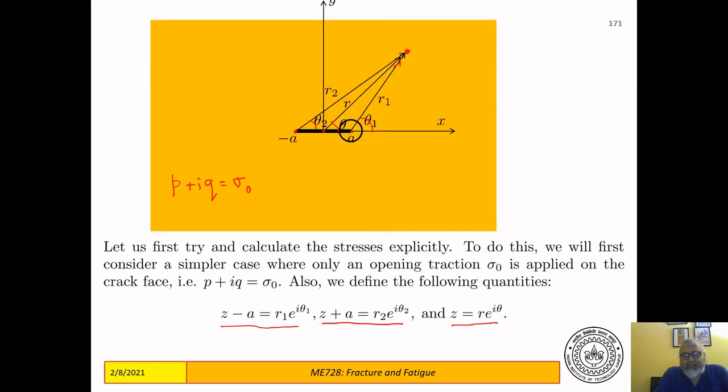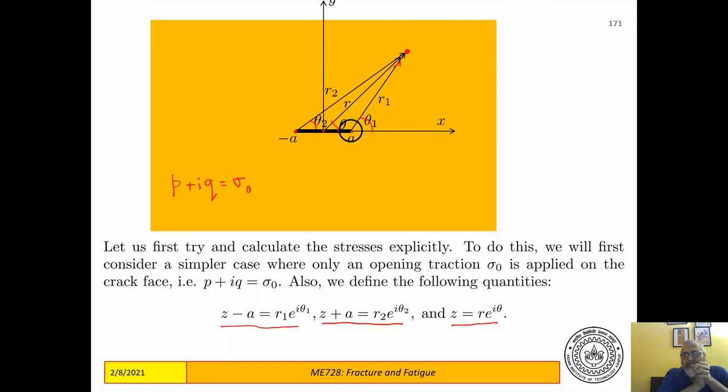The framework entails an array of cracks, all on the x-axis, a collinear array of cracks, and each crack face loaded with a shear and a normal traction. Under this framework, if you can cast your problem in this framework, you should be able to get the stress intensity factors for any crack problem.